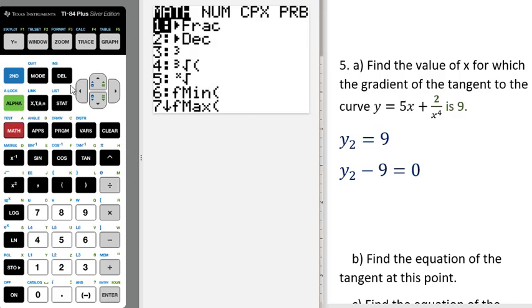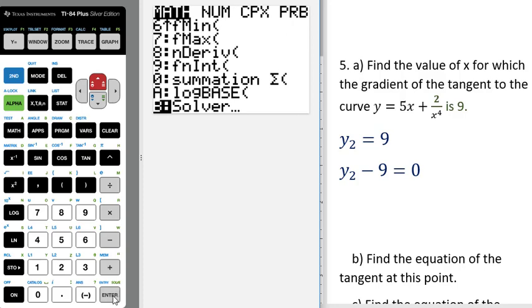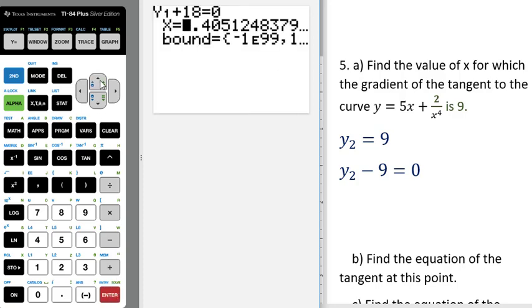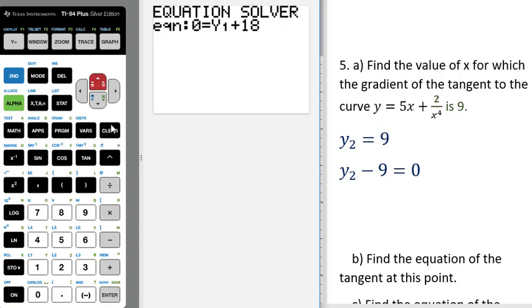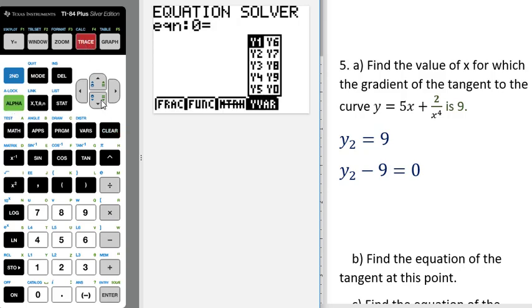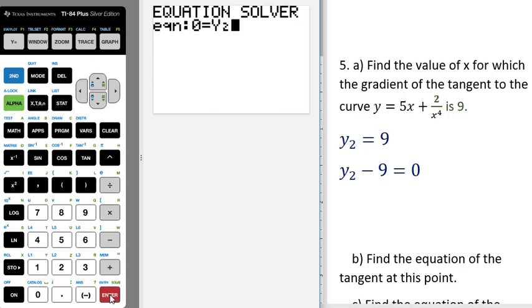Then go to math, upper arrow, go to equation solver. Clear this. We need to put in y2 minus 9 equal to 0. So alpha trace, that's y2. Enter. Then minus 9. Enter.